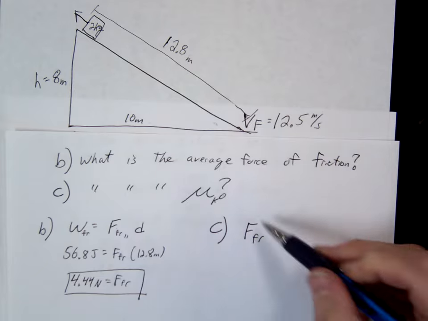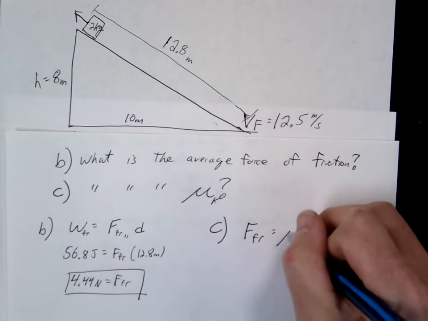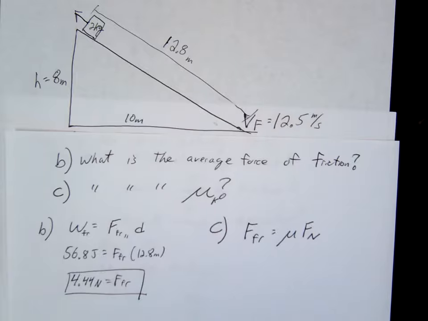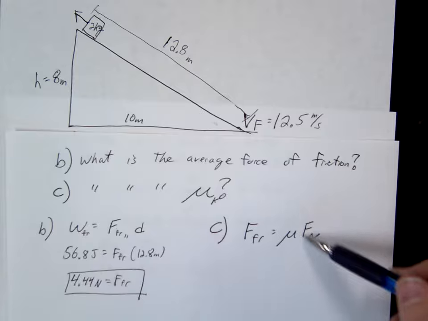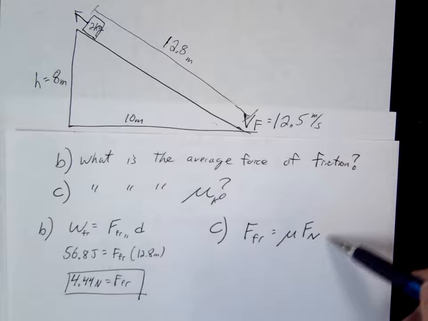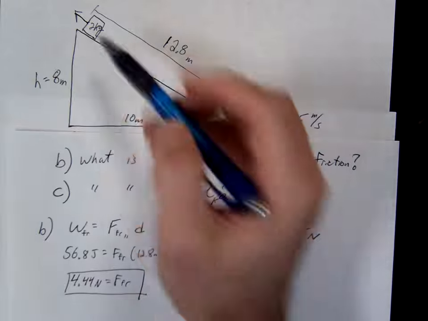So what's the basic equation for friction? Friction equals mu times normal. Okay, so what's the normal force for an inclined plane? mg cosine theta. Yes, you remember for an inclined plane you have to break it up.